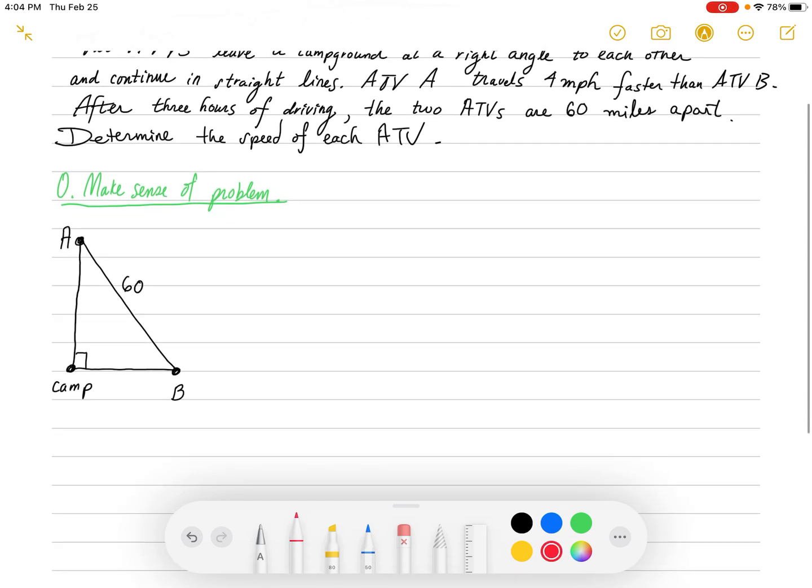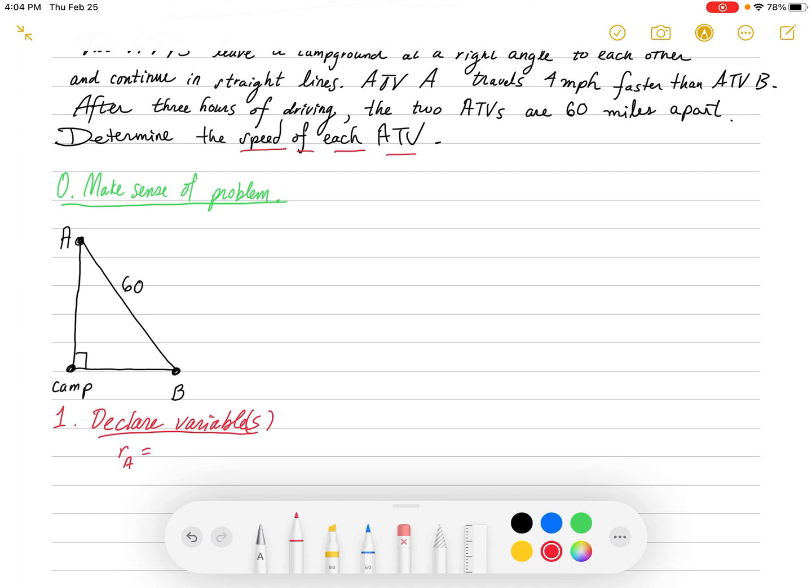So first of all, we want to declare our variables. Step 1, declare variables. So the variables are what we're looking for. What are we looking for? We're looking for the speed of each ATV.